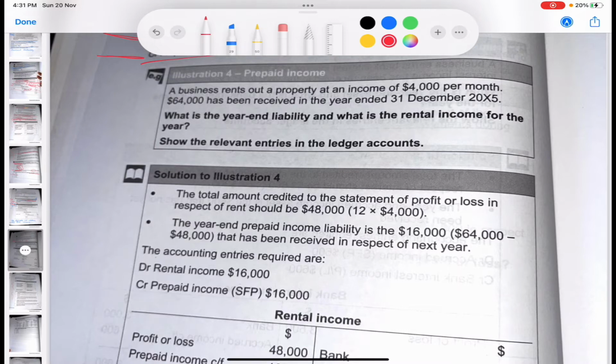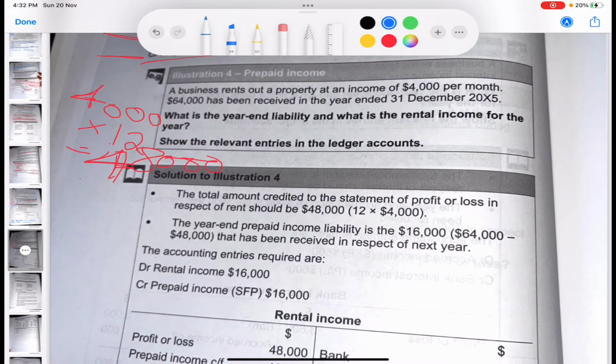If it's 4,000 for 1 month, then 4,000 multiplied by 12 is for the entire year, which is 48,000. So for the entire year, I need 48,000.